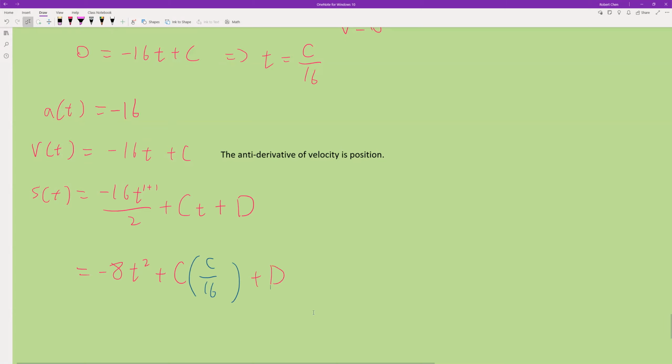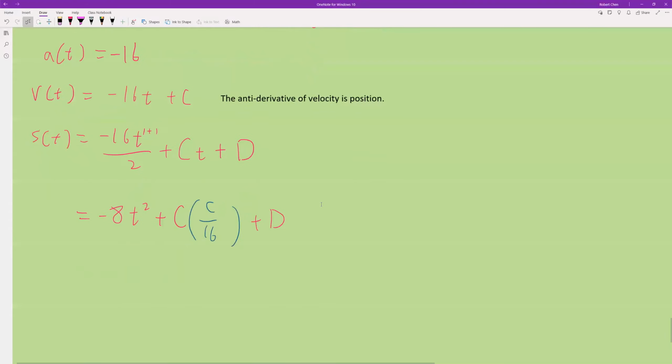All right, now we have an initial condition. We know that at the beginning of the skid, the position is 0, and that's when t is 0. So when t is 0, s of 0, the position is 0. Let's say we have the skid mark like this.